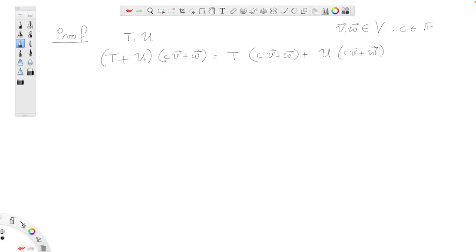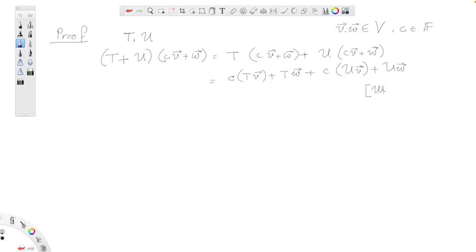Now this is equal to c times Tv plus Tw, by linearity of T, and plus c times Uv plus Uw.